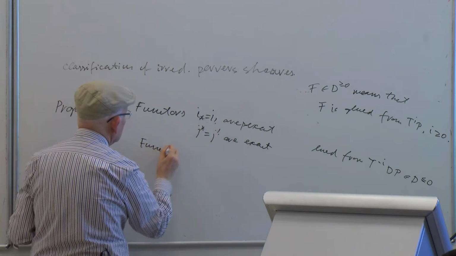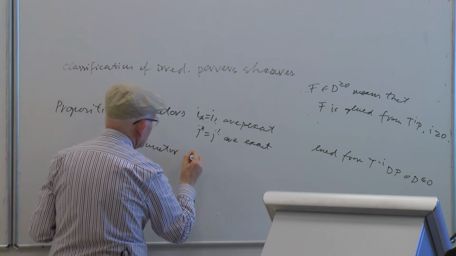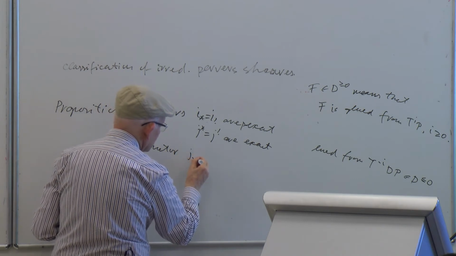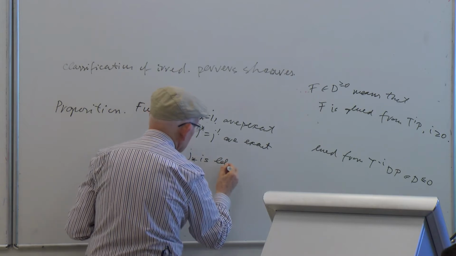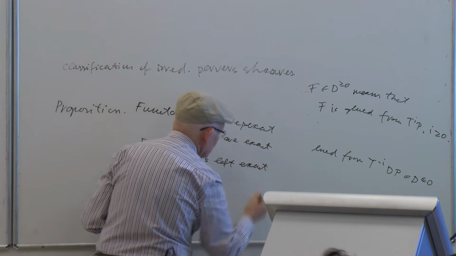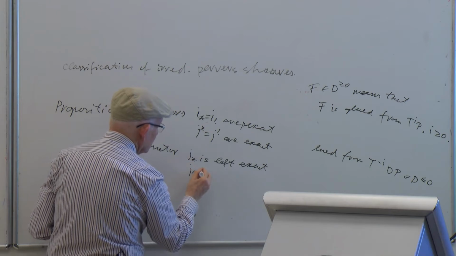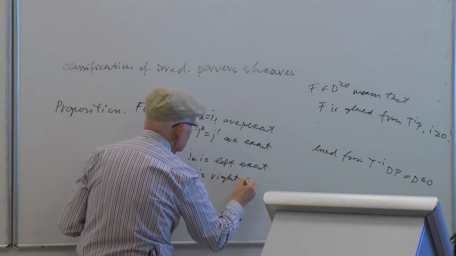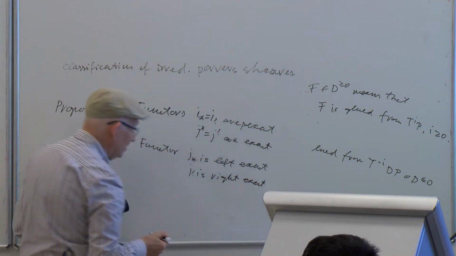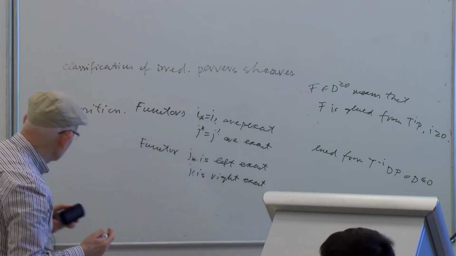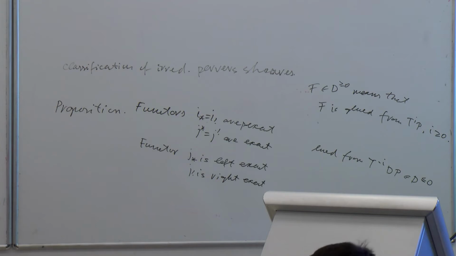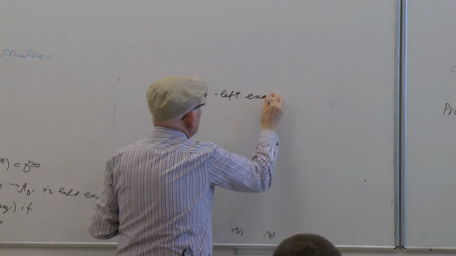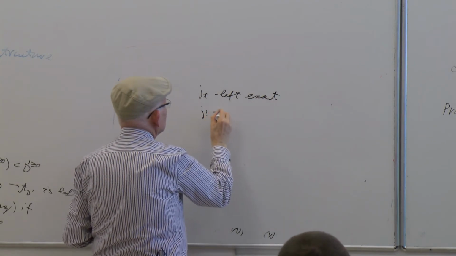Now the functor J star is left exact, or right moving, and J shriek is right exact.